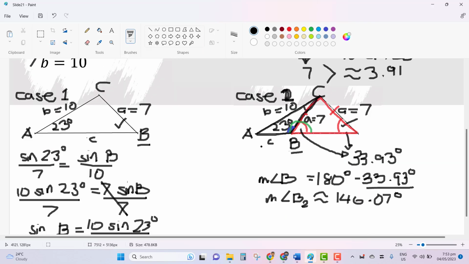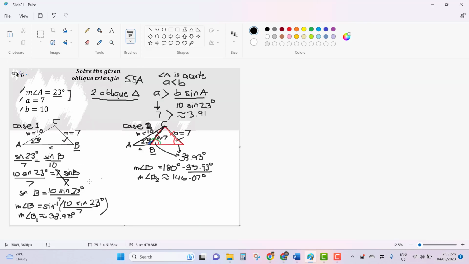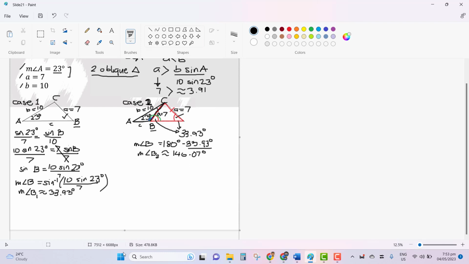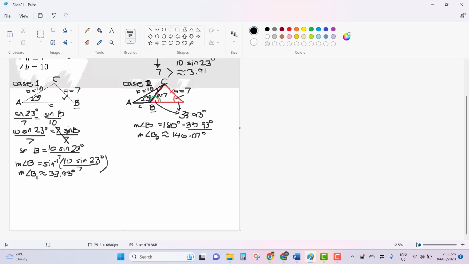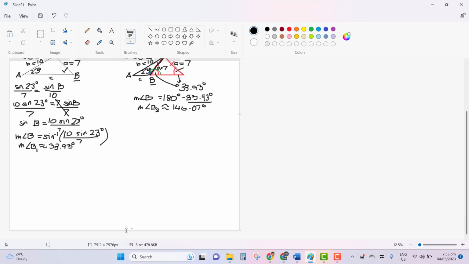Now that we are done with this, let's proceed to the measurement of angle C and side C. So let's increase it a little bit further. Okay.